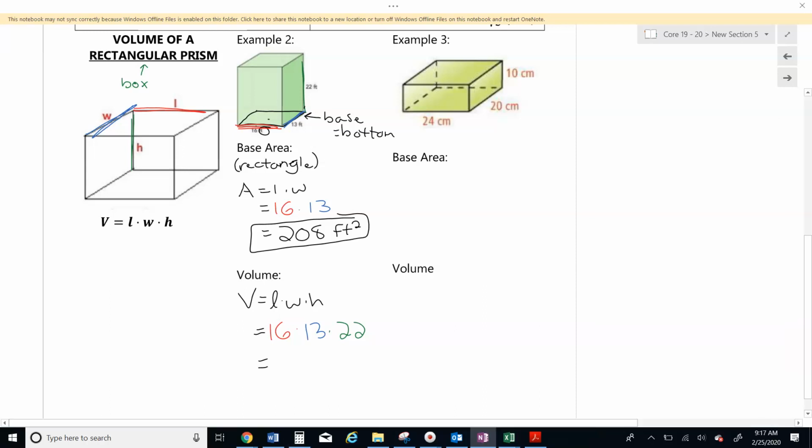And we get 4,576. And this is feet cubed.